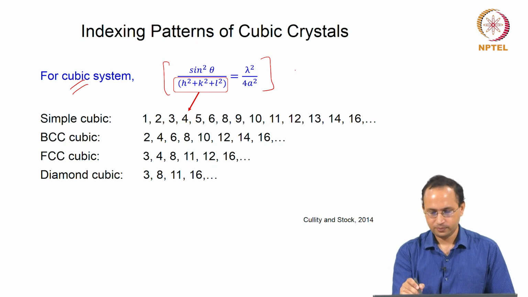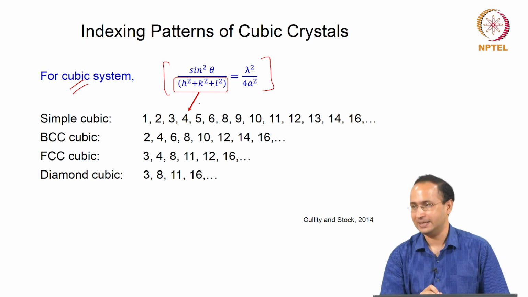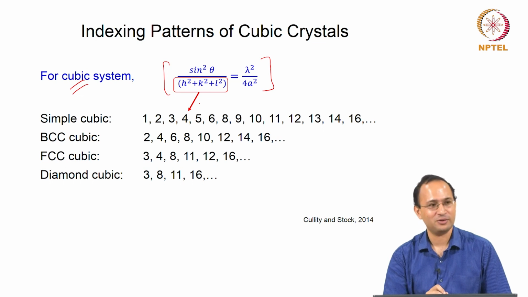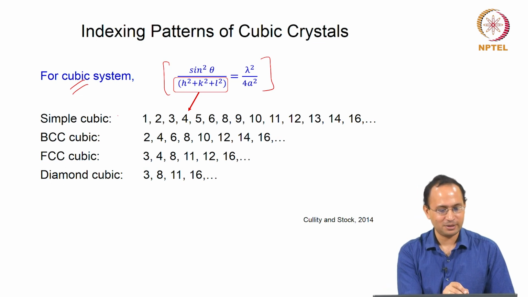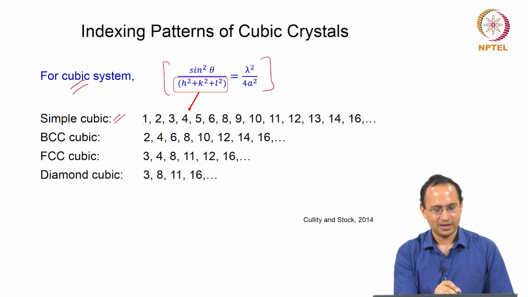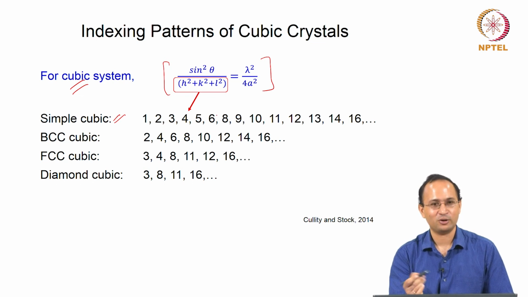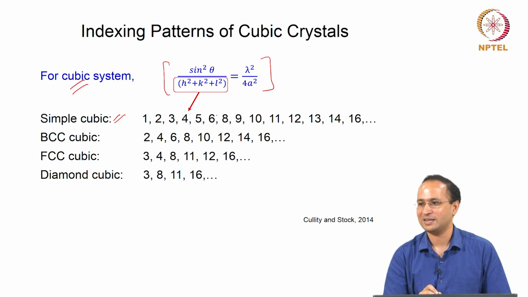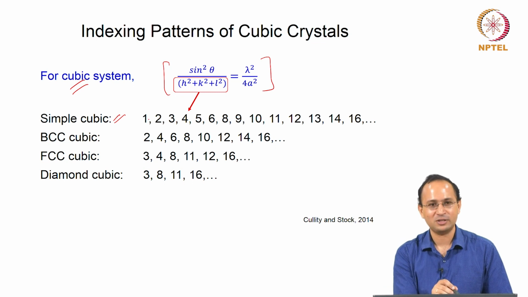Now, based on this we can get the possible values of HKL. You find that for simple cubic, h square plus k square plus l square will be either 1, 2, 3, 4, 5, 6, 8. Why not 7? Because you can't get any combination to have h square plus k square plus l square equal to 7. So, if your plane is 1, 0, 0, h square plus k square plus l square is 1.